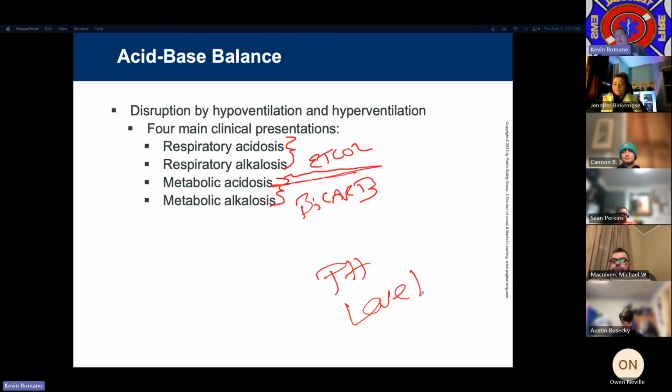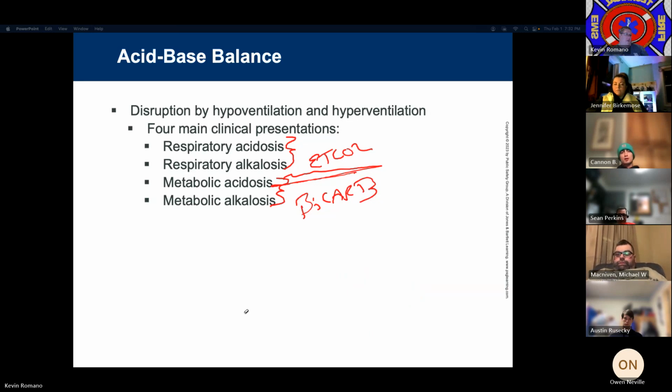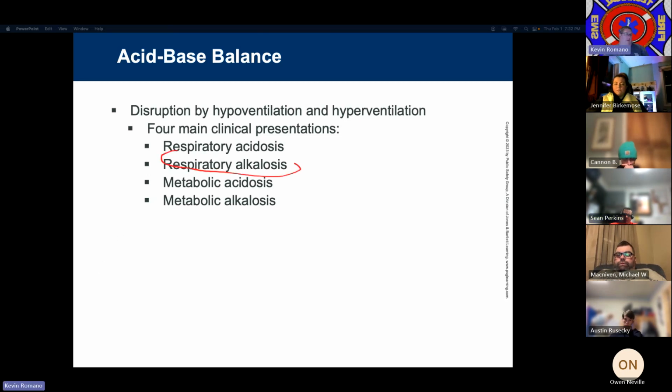End tidal of 18, respiratory, or pH of 7.56. Respiratory alkalosis. That's it. Right there. Good job.